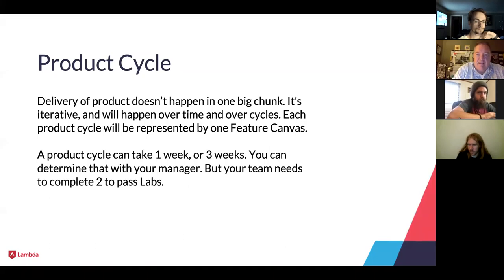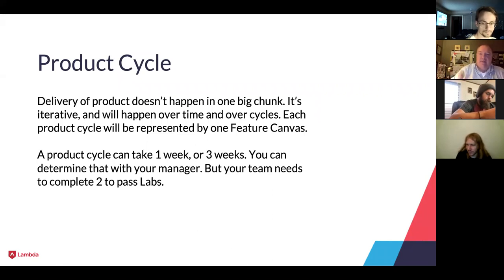So a product canvas, again, is a set of features that you are going to design, and you're going to build, and you're going to test and iterate on and complete. And then you'll move to the next product canvas, which is another set of features that naturally build upon the existing features.